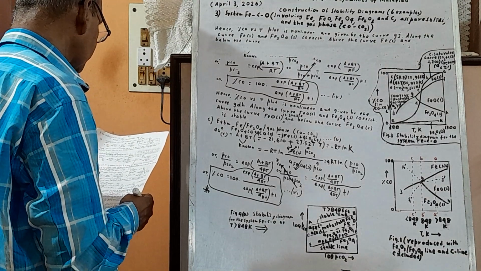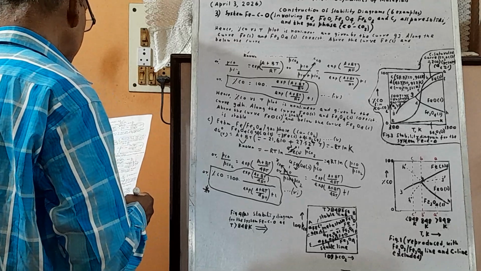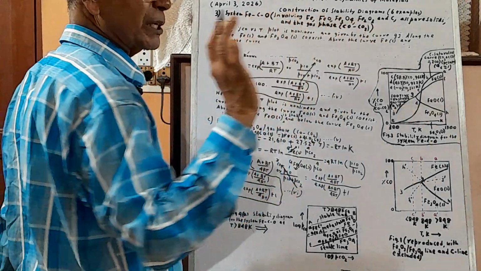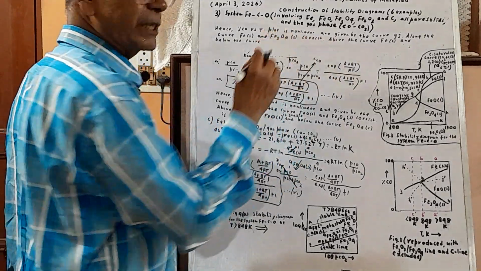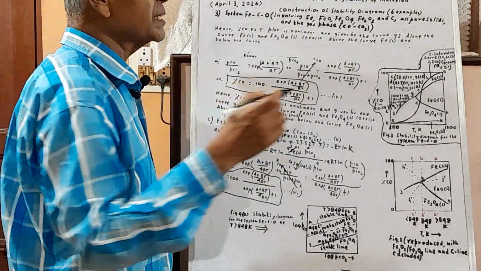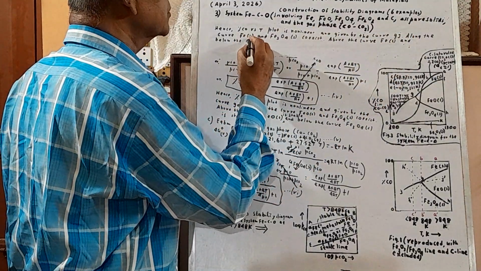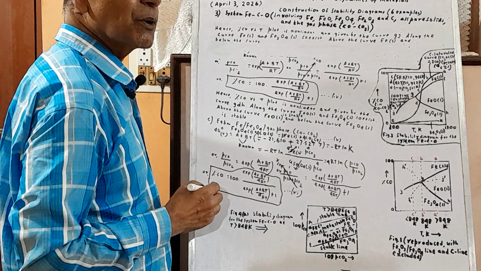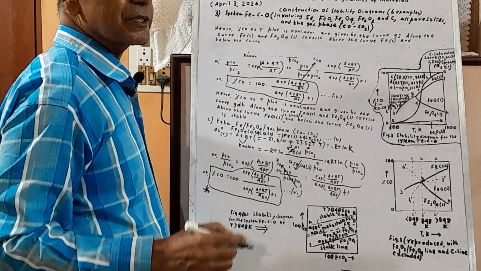Above the curve is okay. I repeat. Here you should write, to be precise, along the curve Fe solid and Fe3O4 solid coexist along with the gas phase.